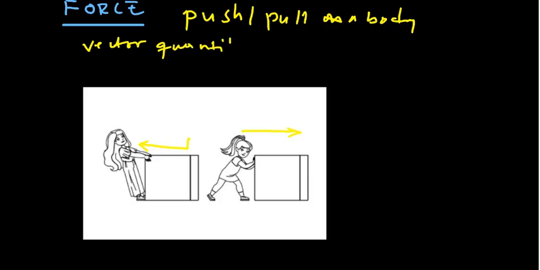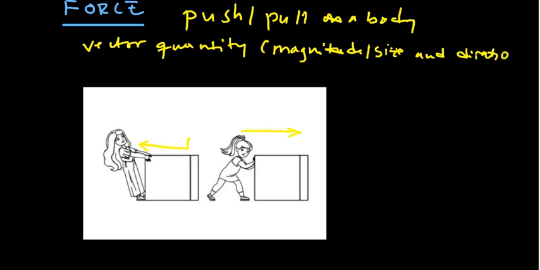It is a vector quantity, meaning it has both magnitude or size and direction, which means here direction matters. Let's assume that this small girl is applying this force.